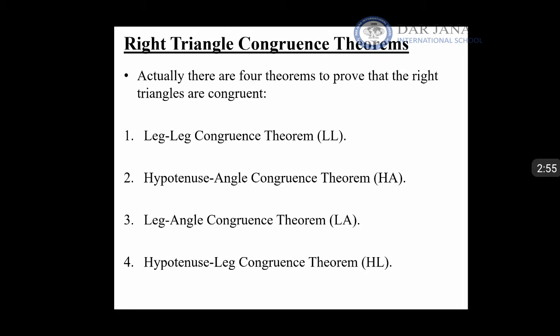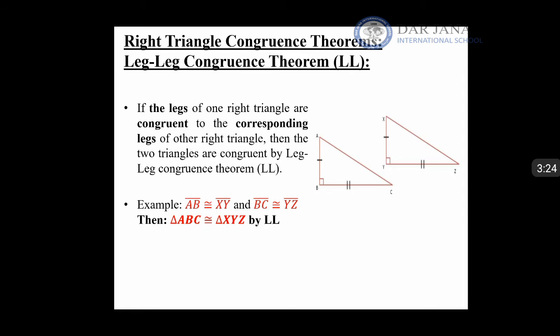And the last theorem is the hypotenuse leg congruence theorem, which is HL. Those are the theorems we are going to use in order to prove that two right triangles are congruent. Let's learn more about each theorem and see how we can use each one. So let's start with the first theorem, the leg congruence theorem, referred to by LL.